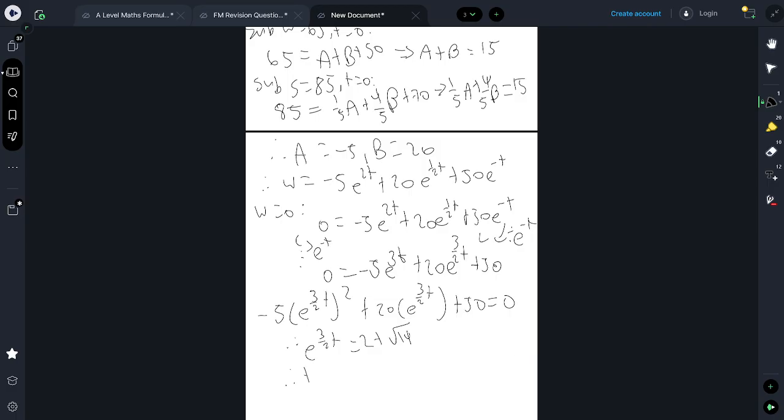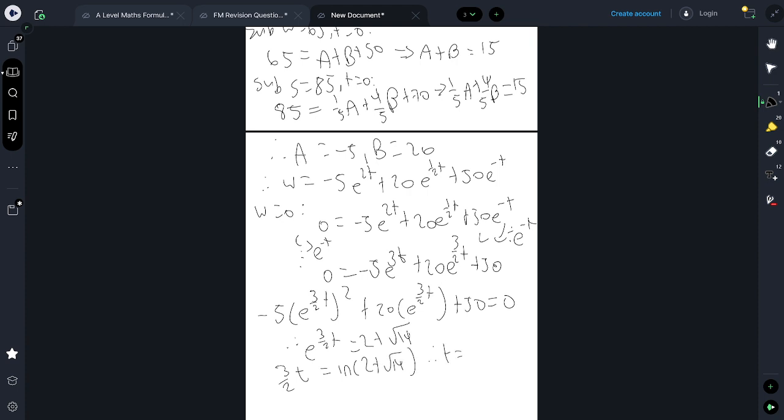Therefore, if you log both sides, ln of e to the 3 over 2t, so that's 3 over 2t ln e, which is 1. So 3 over 2t is ln of 2 plus root 14.